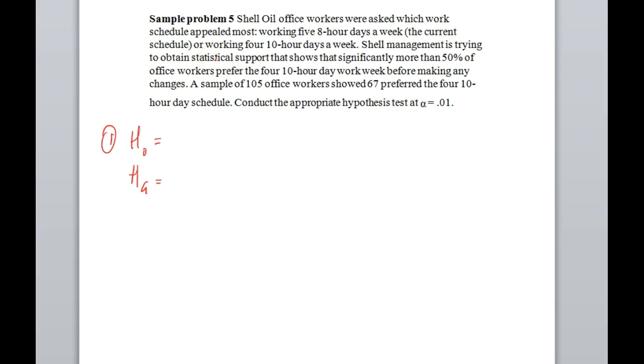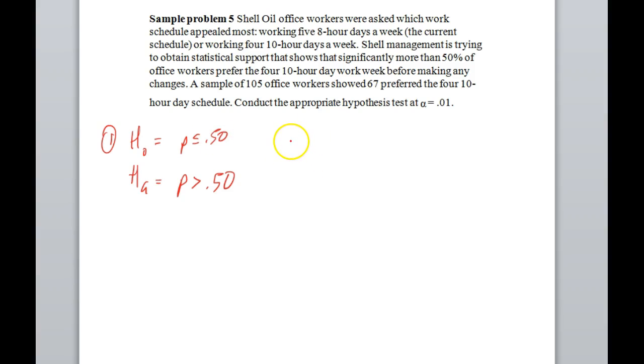It says management is trying to obtain statistical support that shows that significantly more than 50% of office workers prefer the 10-hour workday. So we're trying to show that P is greater than 0.5. And conversely, H naught is P less than or equal to 0.5.